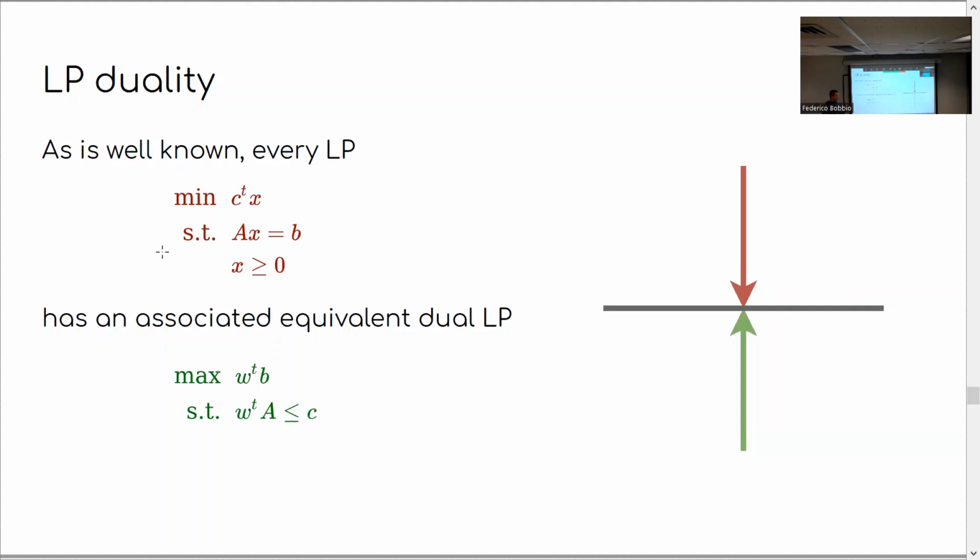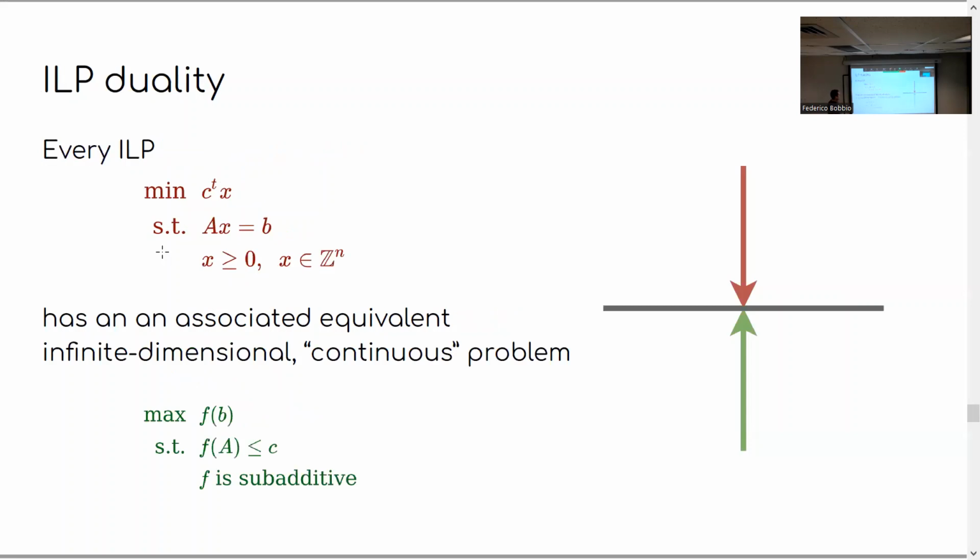But you have the next best thing. You have this guy. You have the subadditive dual. That's a cool thing that was found in the late 70s, early 80s. If you take any integer linear program, then you have an associated optimization problem that is equivalent in the sense that it has the same optimal value, and it mimics a lot of things about linear programming duality, in that if your original problem is a minimization problem, then its subadditive dual is a maximization problem.